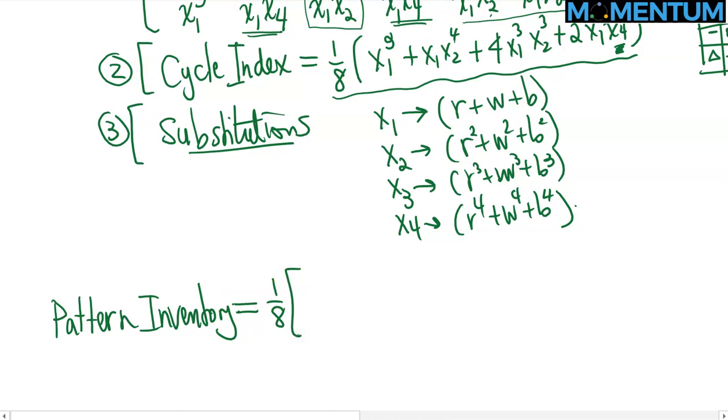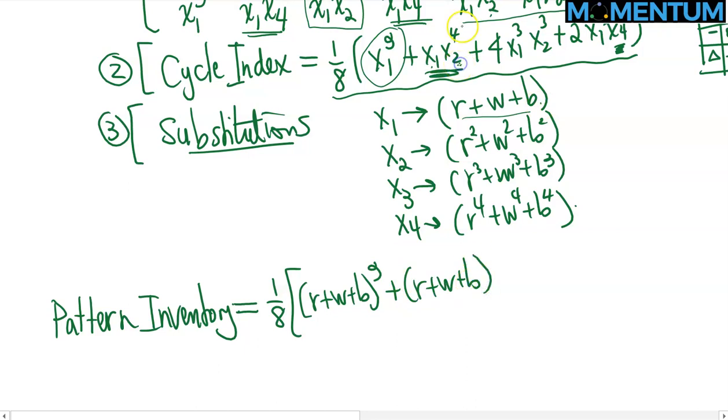And like we said, there's an x sub 1, a length 1 cycle, 9 of these. So replace it with this one 9 times: R plus W plus B to the power 9, plus. Now this one, we have 1 of length 1, which is R plus W plus B. And then we have x2, 4 of these ones: R square plus W square plus B square, 4 of these.